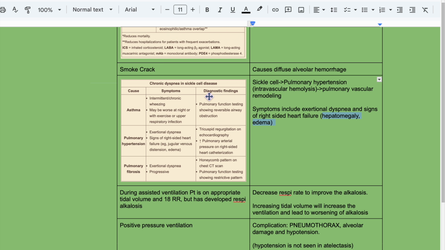Causes of chronic dyspnea in sickle cell disease are asthma, pulmonary hypertension, and pulmonary fibrosis. And asthma symptoms are, you know what they are. Diagnostic pulmonary function testing shows reversible airway obstruction.